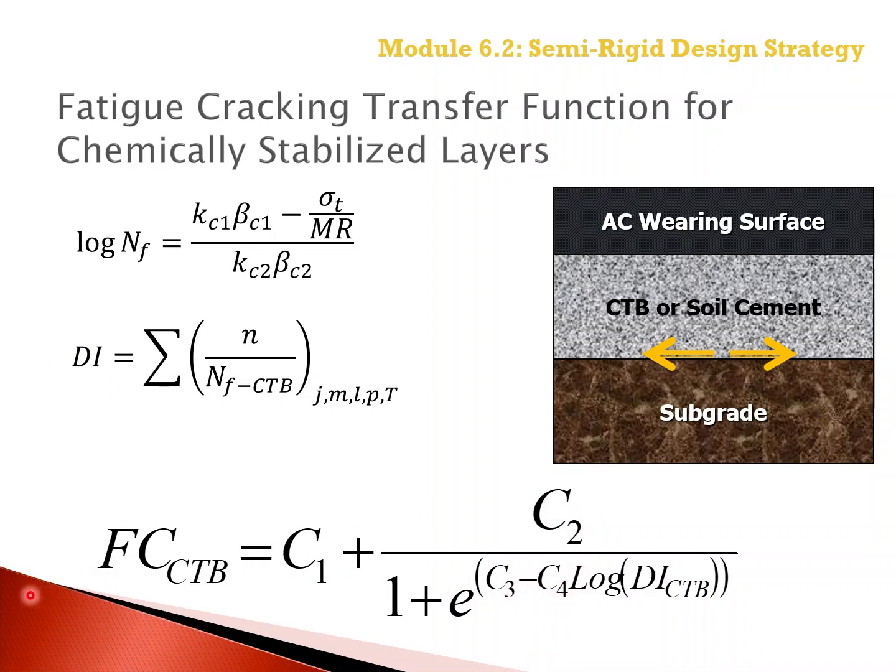Damage index, remember, is defined by the actual number of load applications divided by the allowable number of load applications, big N. The allowable number of load applications, remember, is based on the tensile stress at the bottom of the chemically stabilized layer divided by the flexural strength of the chemically stabilized layer.